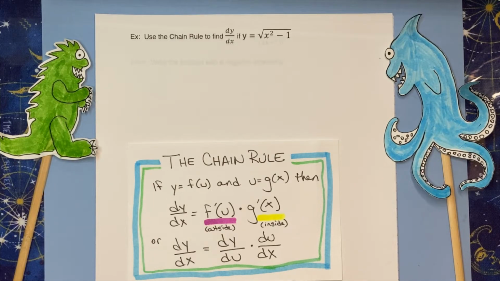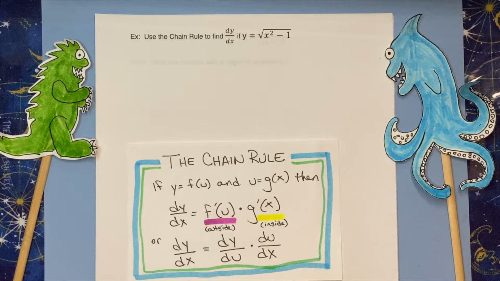And let's take a look at this function. The first thing that you should be asking yourself is, do you see this as a composite function? In other words, do you see this as a function that has 2 separate parts?